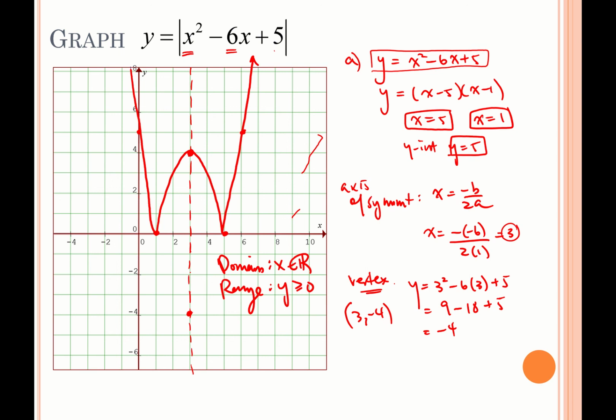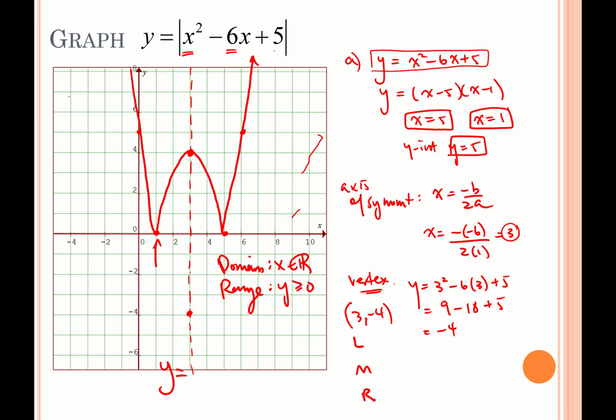And the main thing that's hard is your piecewise now. So I'm going to write my piecewise over here. Y equals... Now, when you write your piecewise, you have to use your x-intercepts, and you're going to break into 3 parts: left, middle, and right. The left side, here's your first x-intercept, x equals 1.